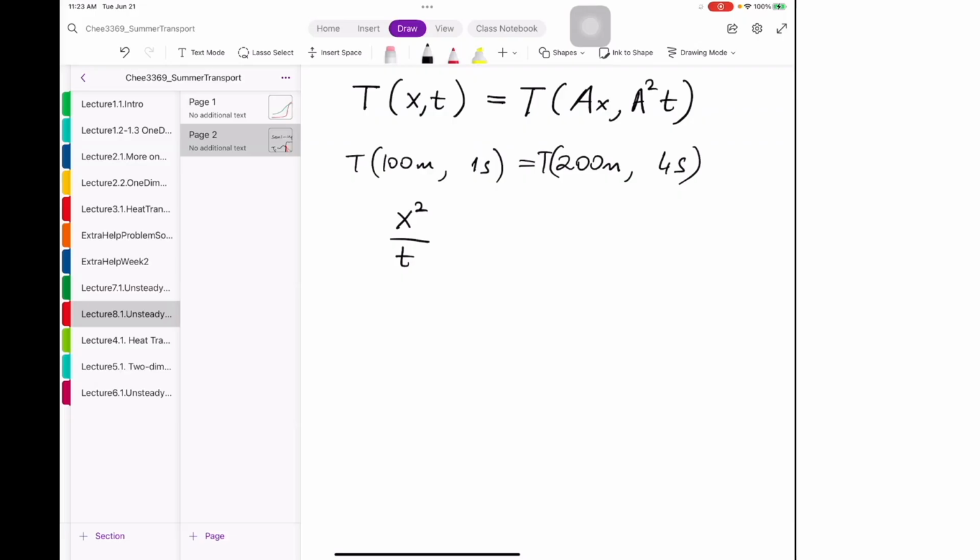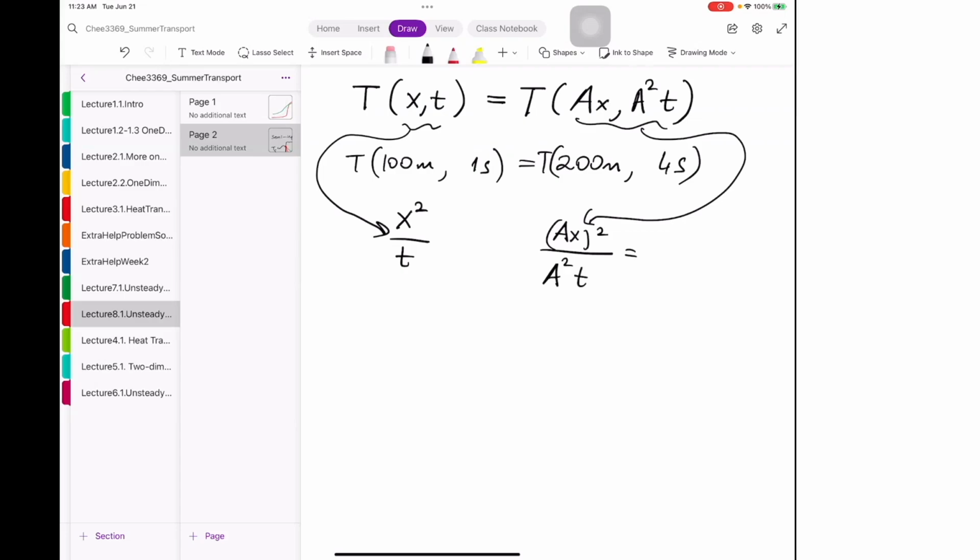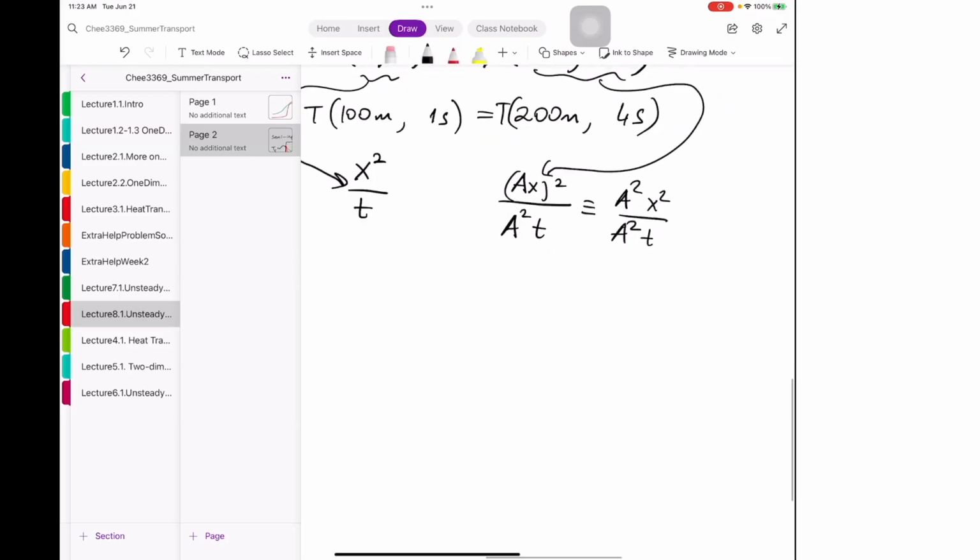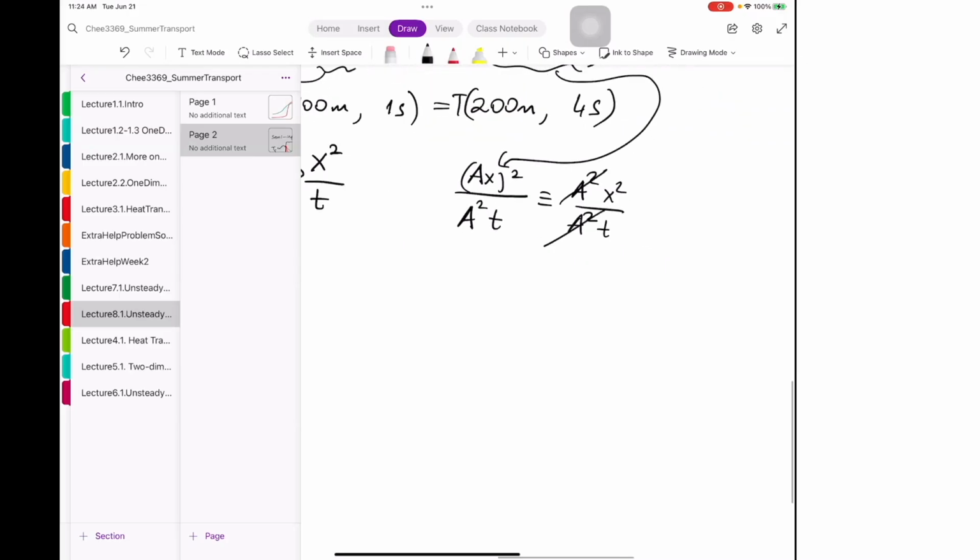For this case, the x squared over t is x squared over t. For this case, the x squared over t is ax squared over a squared t, which is basically identical to a squared x squared over a squared t, right? Which after the cancellation of a squares, you get x squared over t.